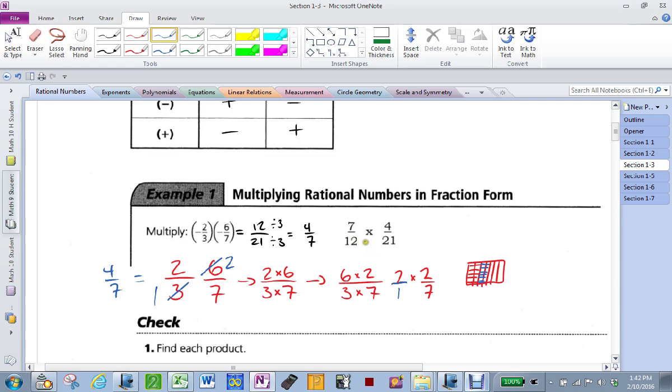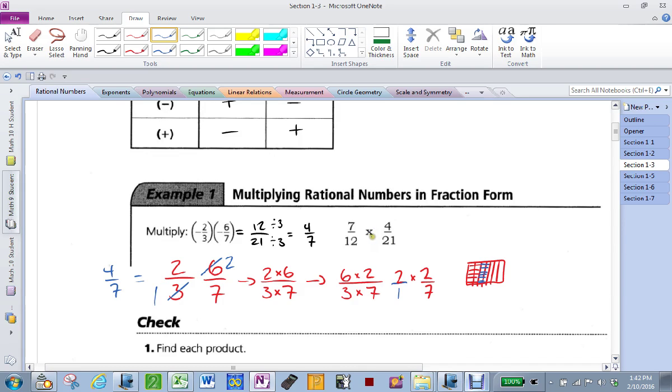Now let's look at this other one I have here. If we do the old way you were taught, the easy way, you just go straight across. In grade 6, your teacher used tiny little numbers, didn't they? 3/4 times 2/3 type of thing. Are all the fractions you're going to deal with in your life little tiny easy numbers? No, because numbers go all the way up to infinity.